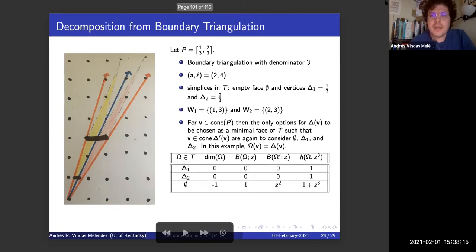Okay. But now here's this chart, just keeping track of everything. What are my faces in the simplices? It's delta 1, delta 2, and the empty face. Yeah. What are the dimensions? Well, the dimension of a vertex is just 0, and the dimension of the empty face by convention is -1. What are the box polynomials coming from these vertices? And so here is one box polynomial corresponding to the first vertex, yeah.